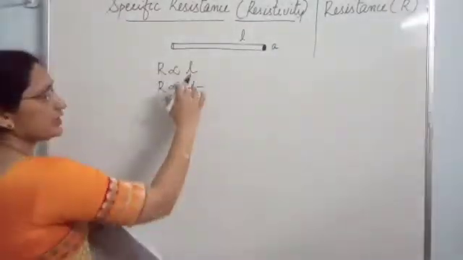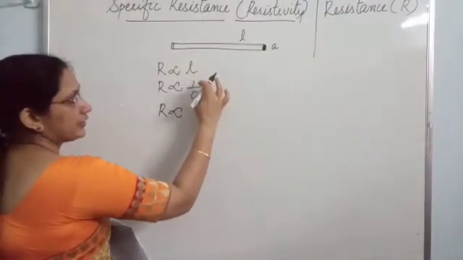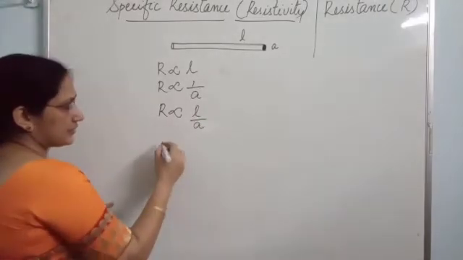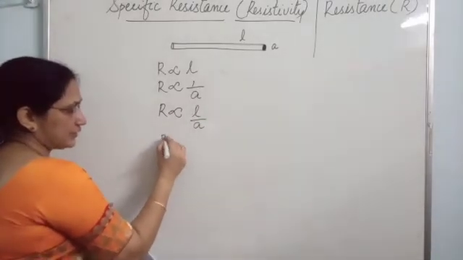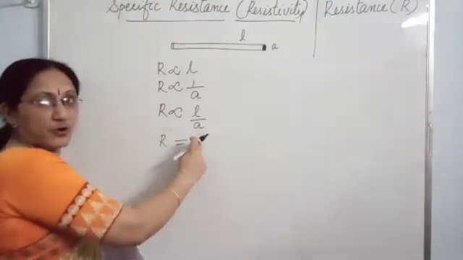Then by joining these two you can write R is proportional to L into 1 by A, that is L by A. Then the sign of proportionality you can change into the sign of equality by adding one constant here.